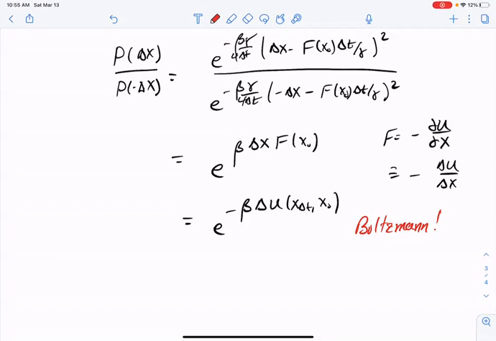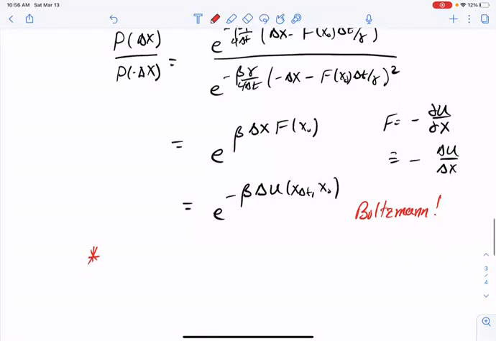The bath has no memory, so it equilibrates infinitely quickly, and it is at equilibrium at a fixed temperature. So it is that Boltzmann factor, with the temperature of the bath, that dictates the relative likelihood that the energy comes in or leaves. So this is a microscopic statement of detailed balance.